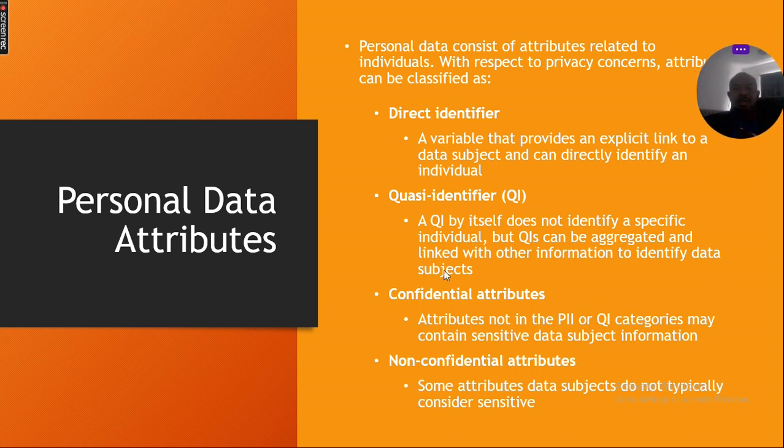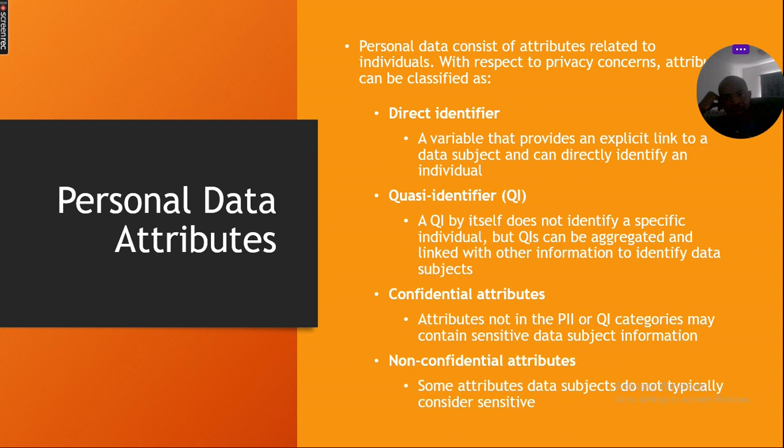The first one is called the direct identifier. The second one is called the quasi identifier. The third one is called confidential attribute, and the fourth one is called non-confidential attribute. Now let's take a look at direct identifier. A direct identifier is a variable that provides an explicit link to the data subject.